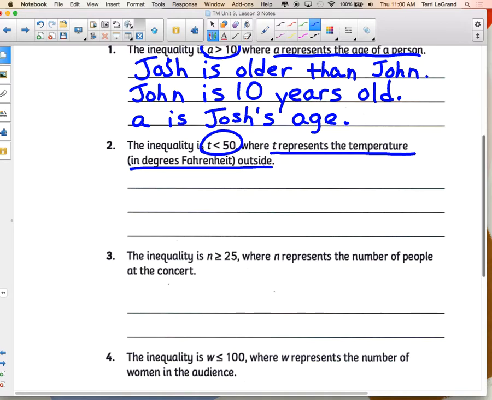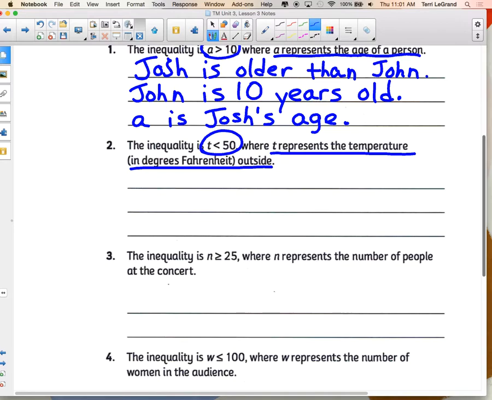It is currently 50 degrees outside. No, it is greater than 50 degrees outside. And T represents how warm it got later.